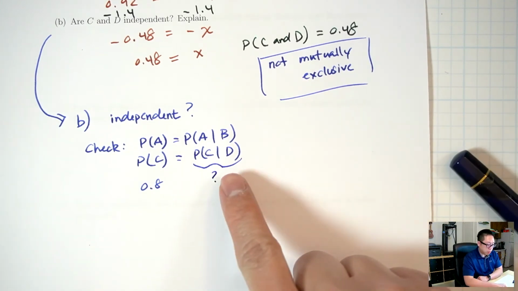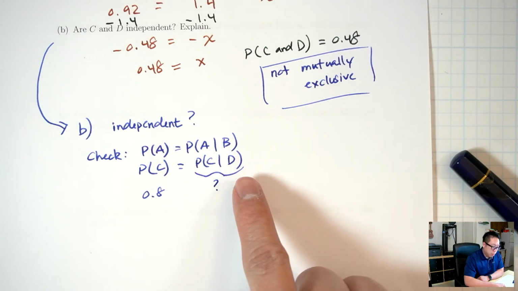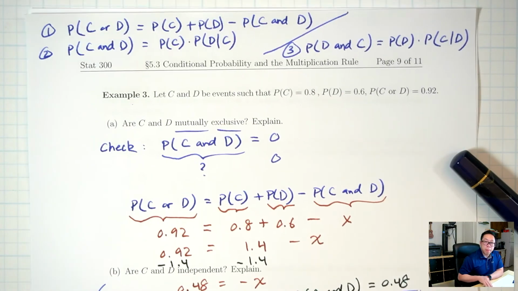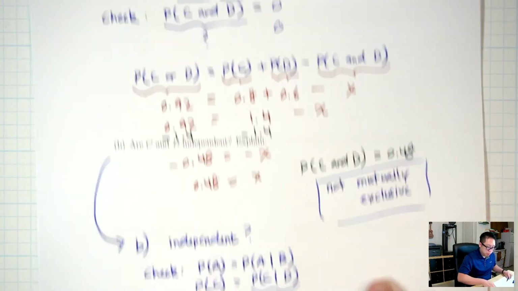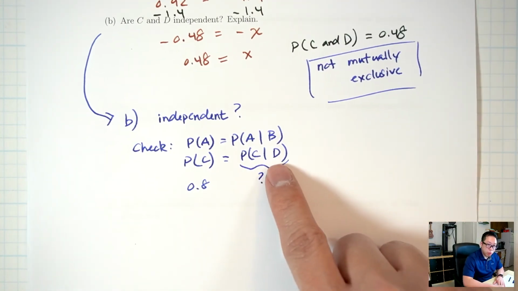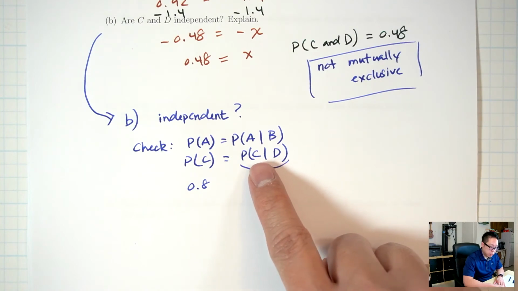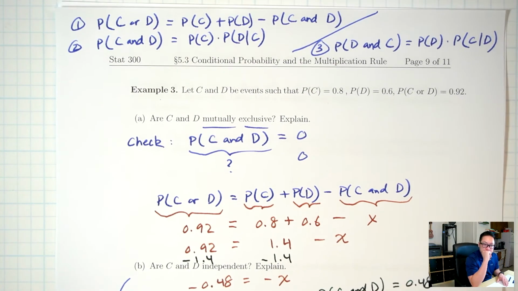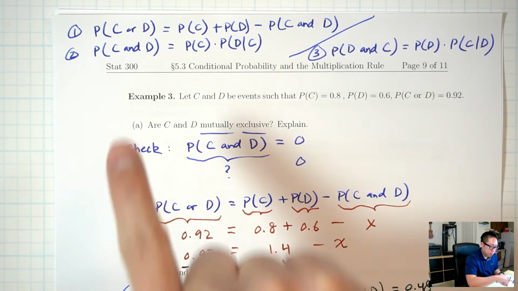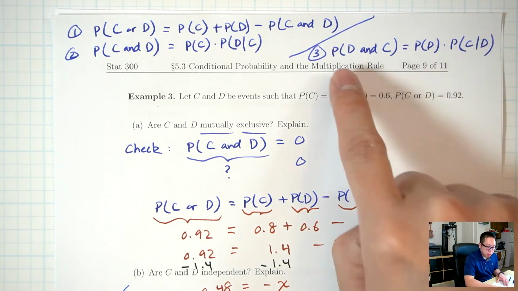I have to find probability of C given D using one of these equations. All right, so which one is going to be useful to me? For the givens, the order does matter, so it needs to look exactly like that, C given D in that order. Which equation? I see it right here. All right, so I'm going to use equation 3.